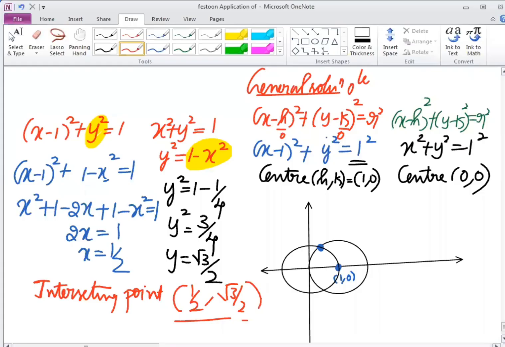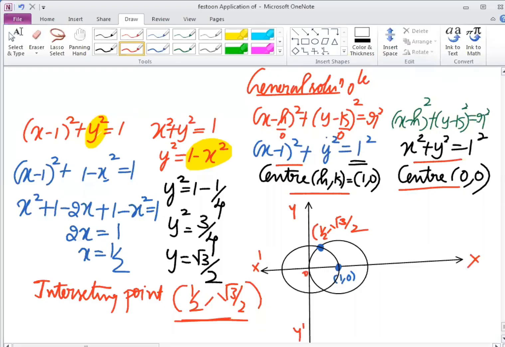These two are the equations of the circles. Let me mark that point on the circle. Listen here now. It's 1 by 2 comma root 3 by 2. This is the x-axis, y-axis, x dash, y dash.